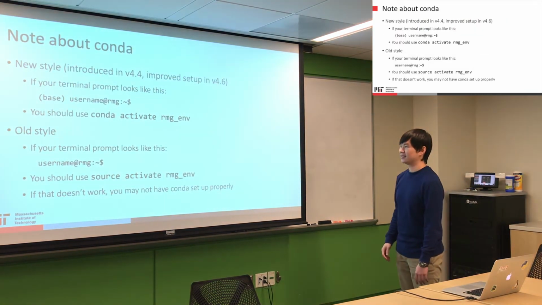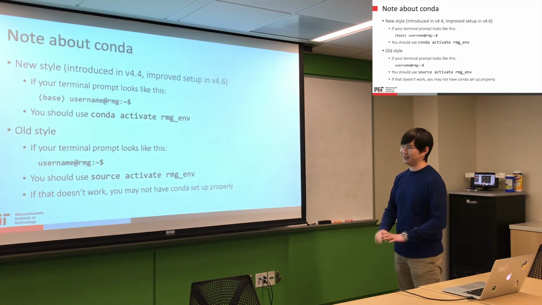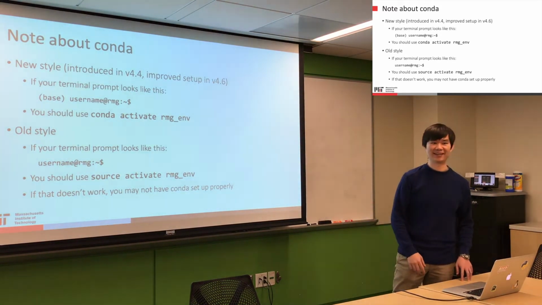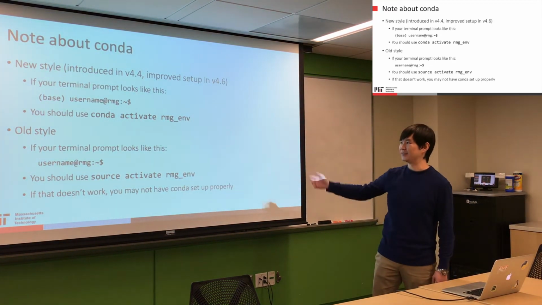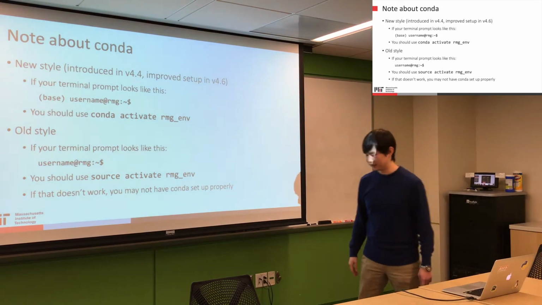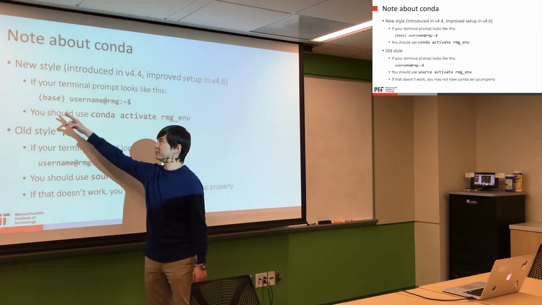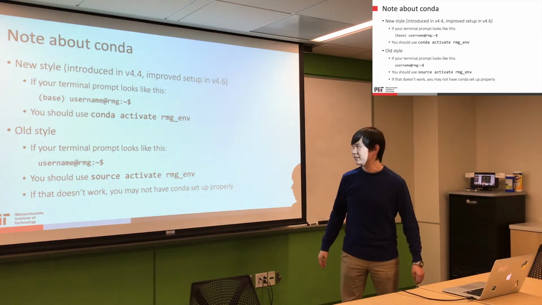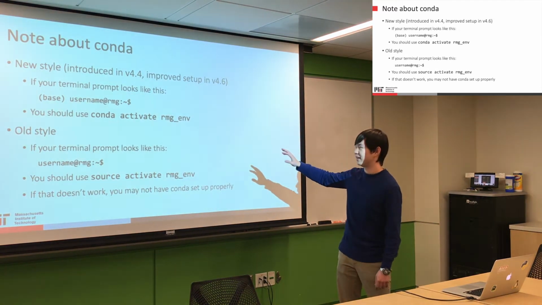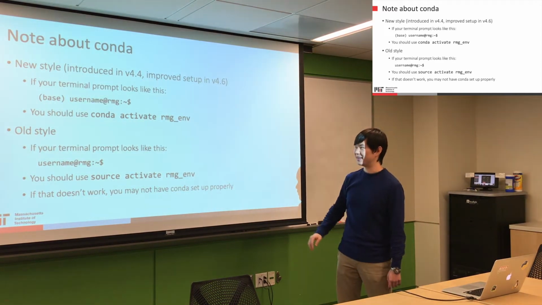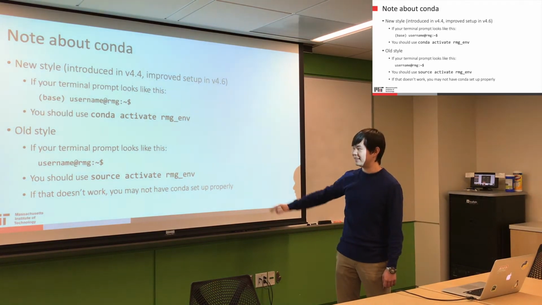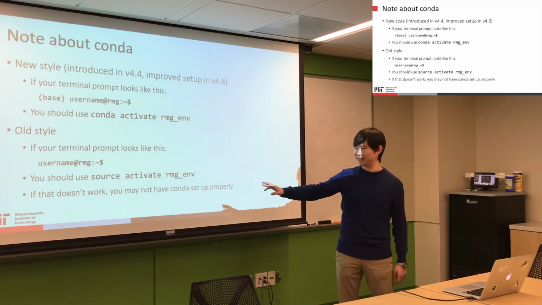And a quick note about Anaconda. If you installed Anaconda this week or relatively recently, then you'll be using the new style for activating environments. Your terminal prompt will have this base tag at the front, and you should use conda activate rmg_env. If you installed conda a while ago, you might not have that base tag at the beginning, and then you'll be using source activate rmg_env.